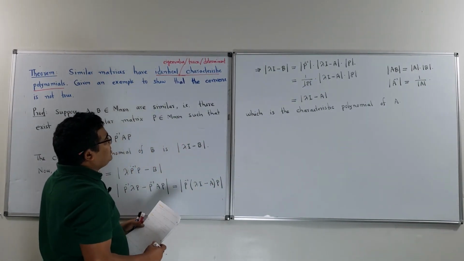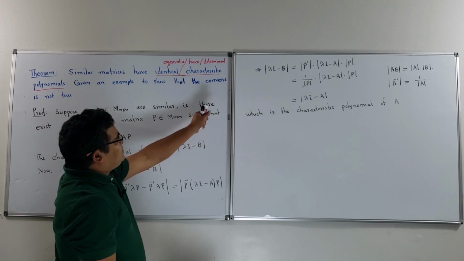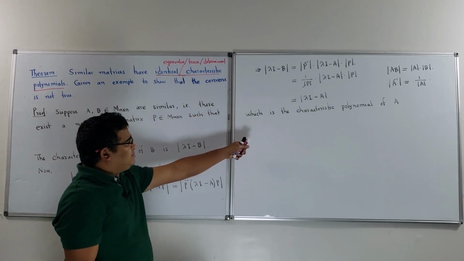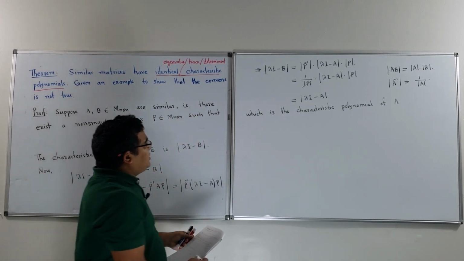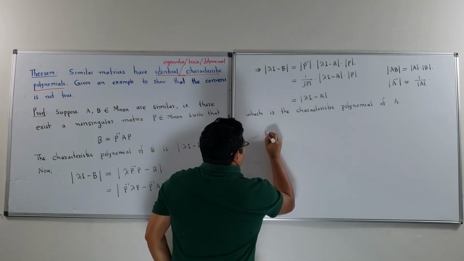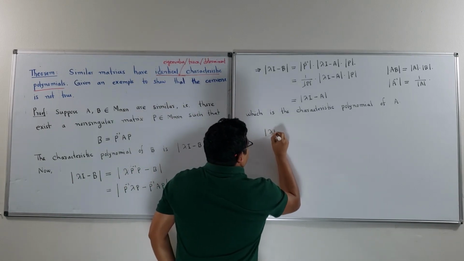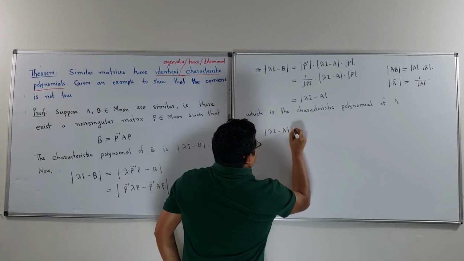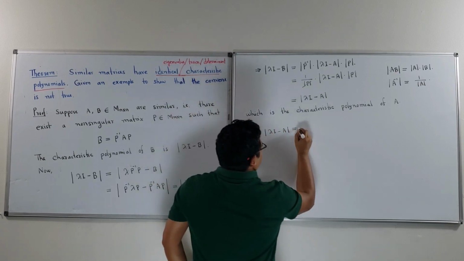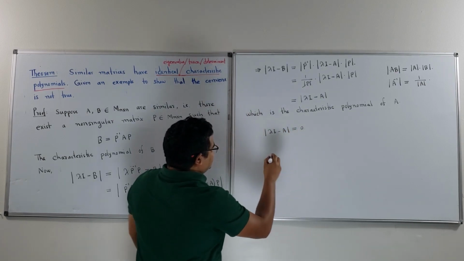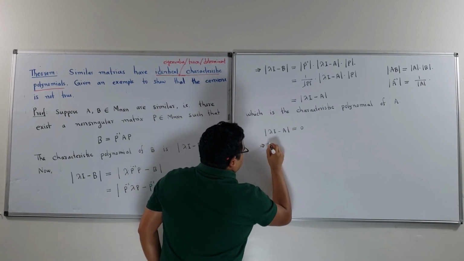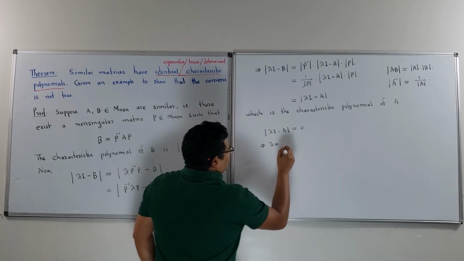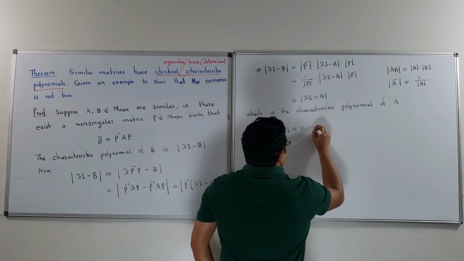Now, as I said before, if their characteristic polynomials are the same, and if we set the determinant of lambda I minus A equal to 0, this is the characteristic equation, then we will get the eigenvalues, right?